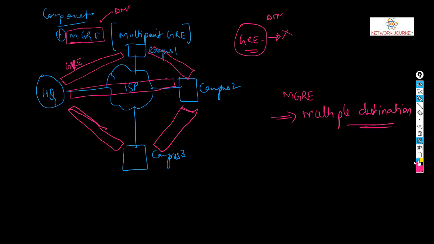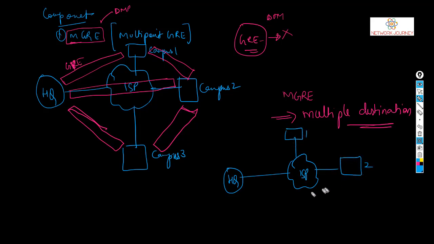If I draw the same diagram now, I have HQ connecting to ISP, and from ISP I have campus 1, campus 2, campus 3. In the case of multiple destination, let's say this is my server, I am going to have this MGRE. So this is how the MGRE works. One single hub can connect to all or multiple spokes.